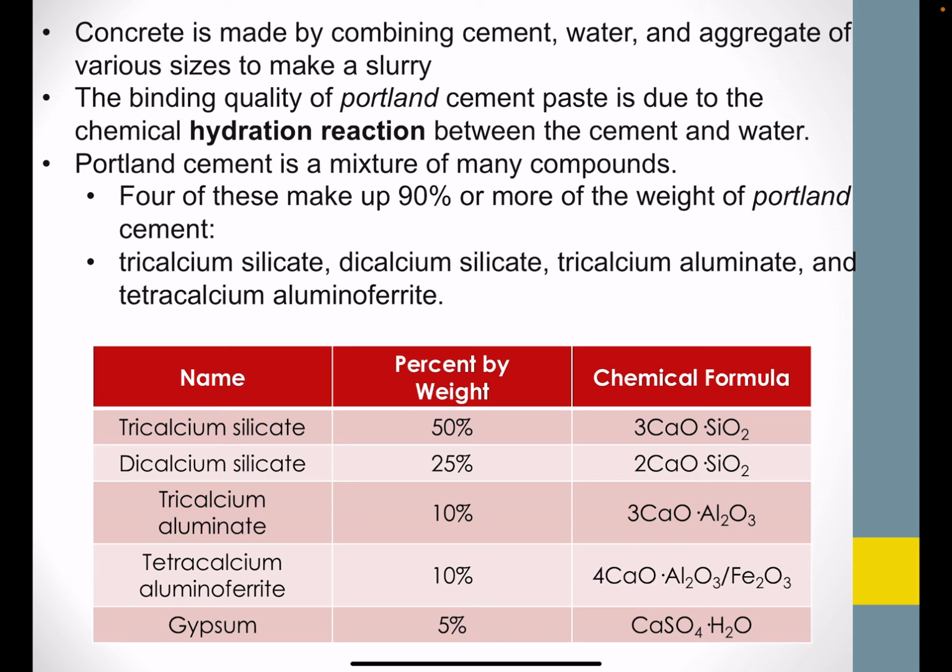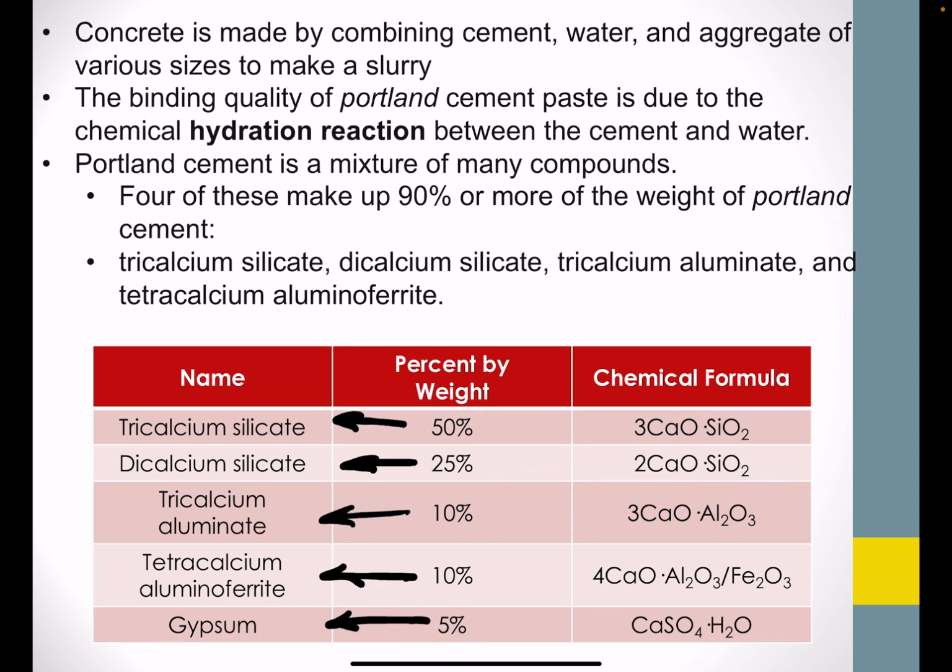And you can see here a typical formulation for the Portland cement involves about 50 weight percent of the first one, 25 weight percent of the dicalcium silicate instead, and then 10% of that aluminate and that aluminoferrite at an equal weight percentage of 10% there, and a little bit of makeup of the gypsum is a typical formulation here.